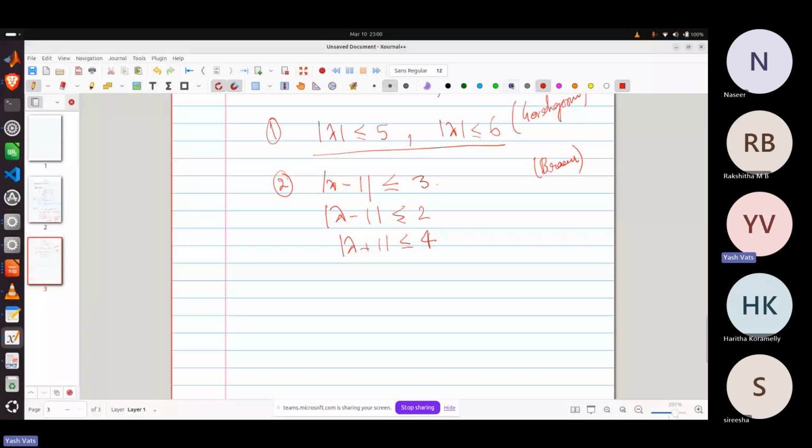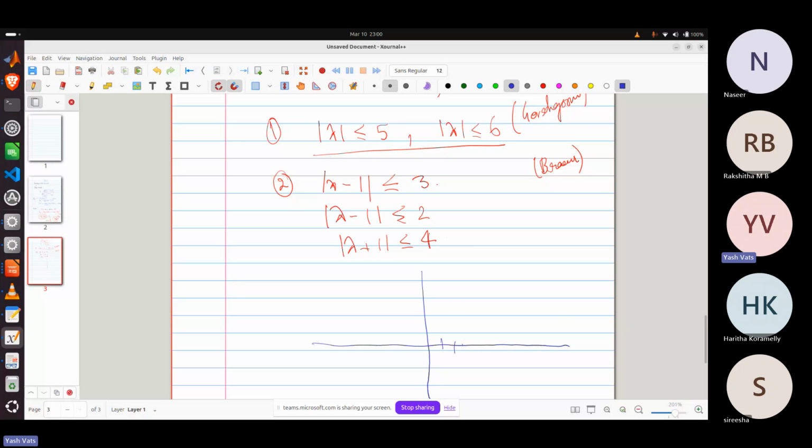So if I plot the graph of this, so mod lambda is less than equal to 5.